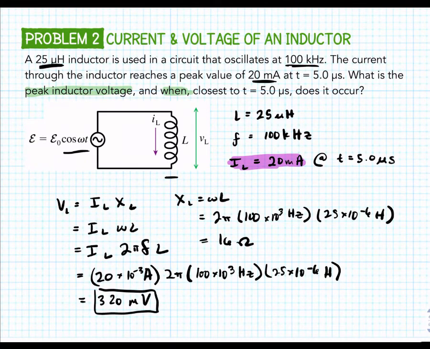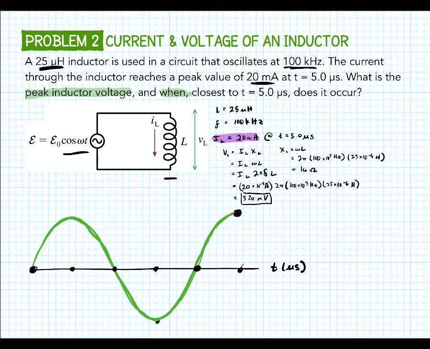Okay, that's pretty straightforward. But remember, we know that this is a sine wave. So if you start with a voltage that goes like this, what do we know about the relationship between the voltage and the current?